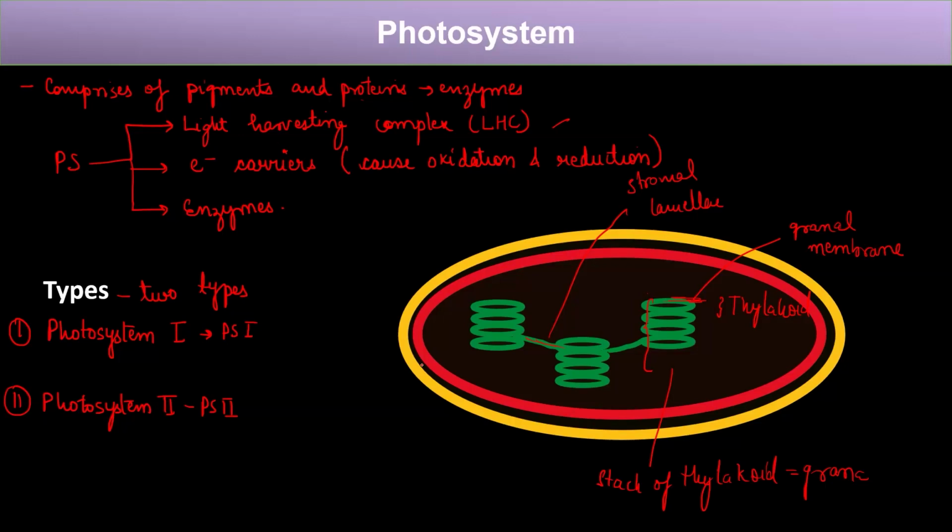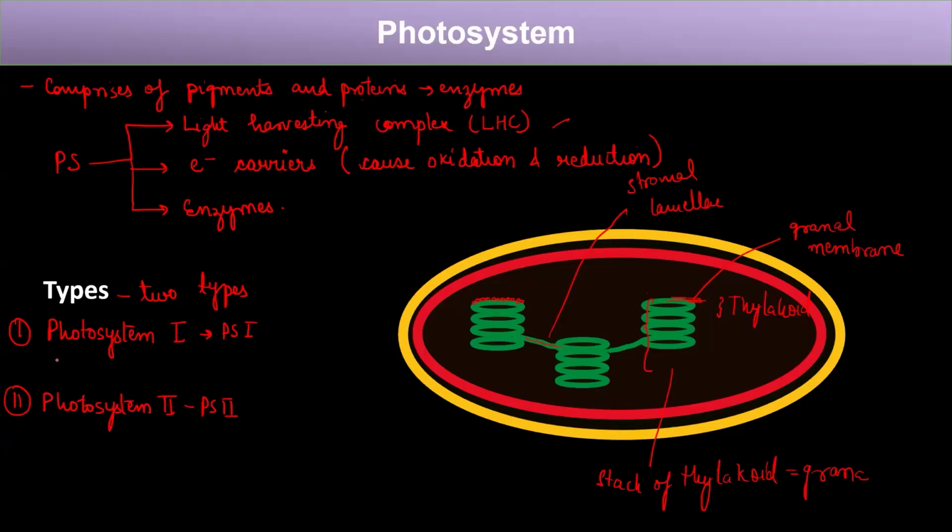If we talk about PS1, it is located somewhere over this membrane. Any membrane, except for the chloroplast membrane. So what membranes do we have? We have the thylakoid membrane and the stromal lamellae.